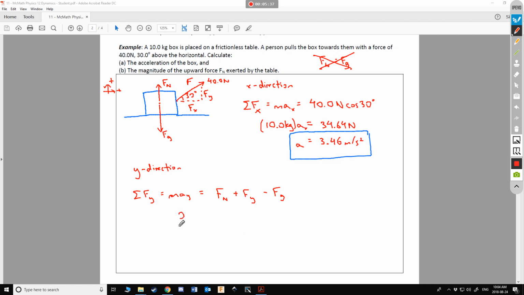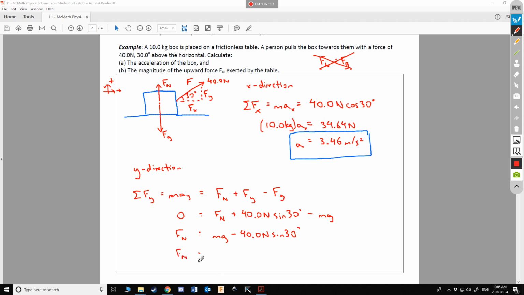So we have 0 on the left side, equal to our normal force plus Fy, which is 40.0 newtons sine 30 degrees, minus Fg, which is just mass times gravity. So we can now solve for Fn. We get Fn is equal to mg minus 40.0 newtons sine 30 degrees.